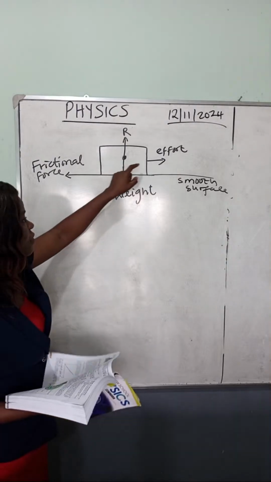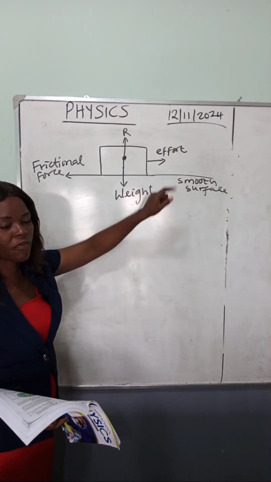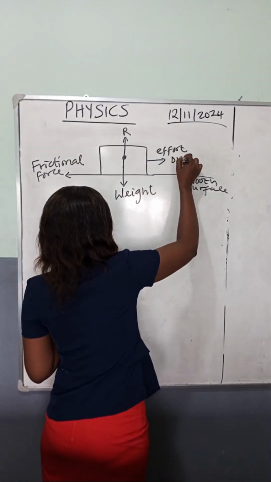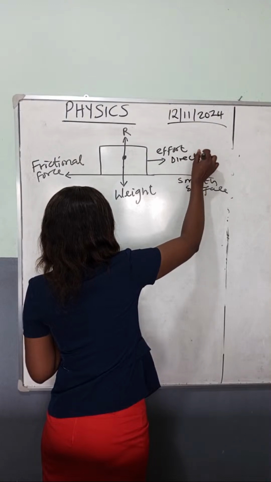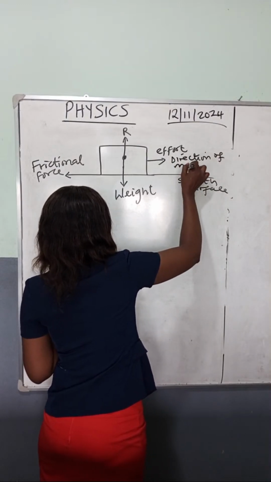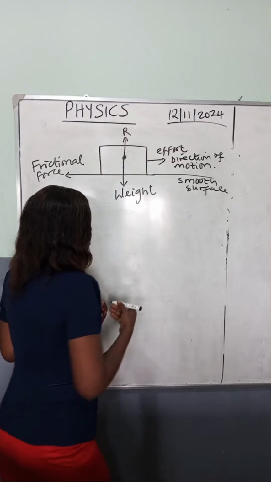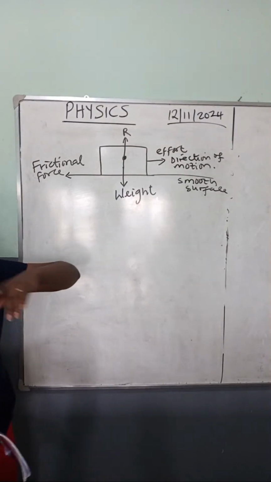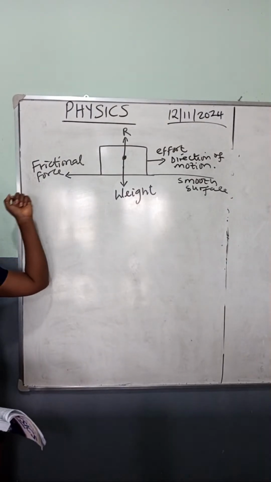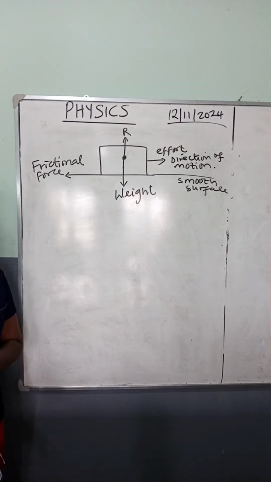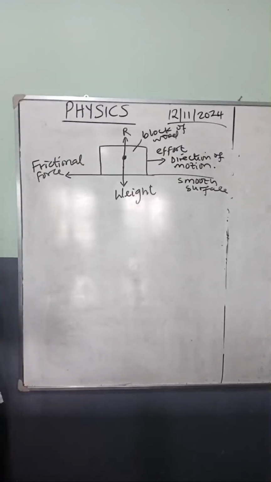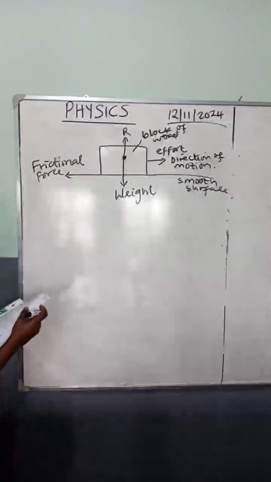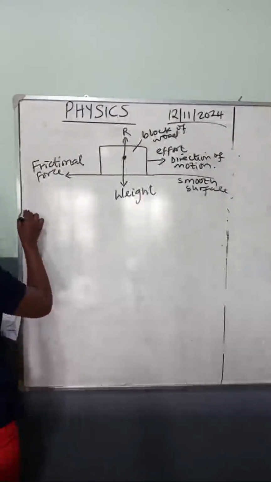Opposition. Now, if somebody is dragging this with an effort, that is the direction of where the motion is going, okay? Let me say this is the direction of motion. Somebody is dragging it in this direction. Friction, which is the force of opposition, is going to take it to the opposite direction. Do you understand the opposite direction? So we have two types of friction, which are static and dynamic force friction.